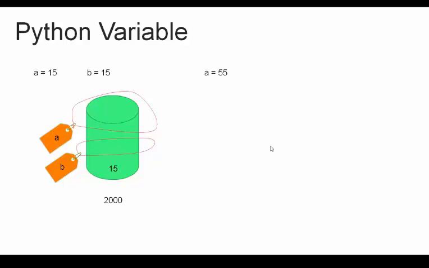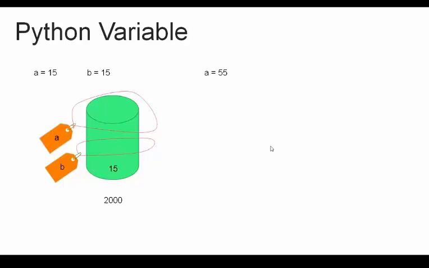Now if I execute another statement, which is A is equal to 55, here we can override the value, like in normal programming languages. In the same way, Python supports reassignment of the variable. So if I write A is equal to 55, I am trying to modify the value of A, and that is the meaning of a variable: it can hold something and it can vary during the further execution of your program.